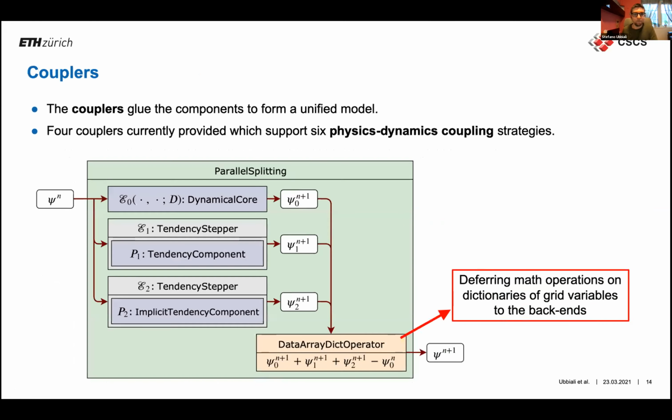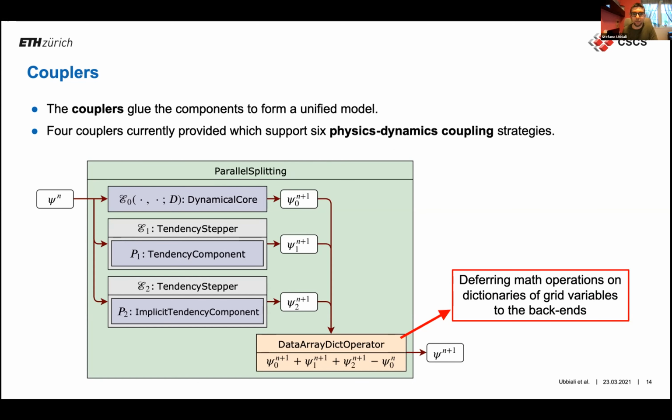And finally, I would like to touch upon the couplers, which take the components together in order to form a model. At the moment, we have 4 different couplers, which support 6 different physics-dynamics coupling strategies.